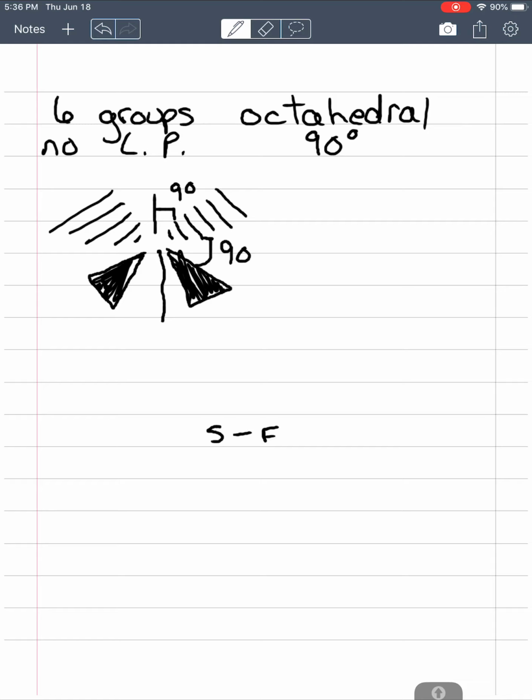An example is SF6. Sulfur is beyond group 3, so it can have more than an octet. All right, so that's SF6.